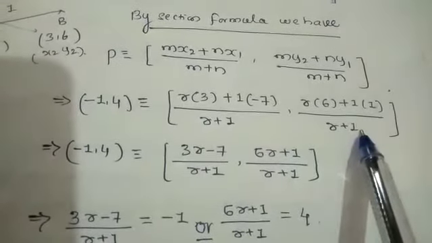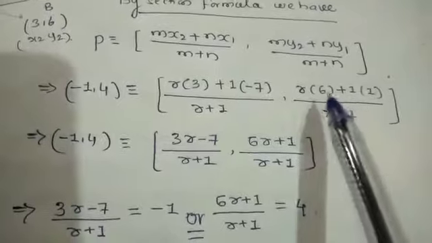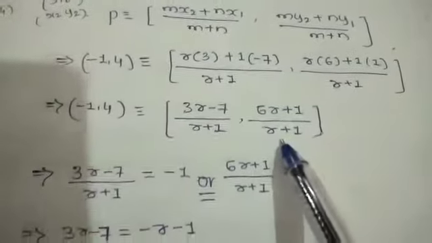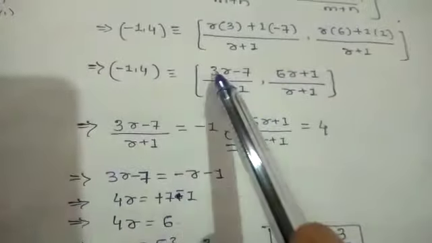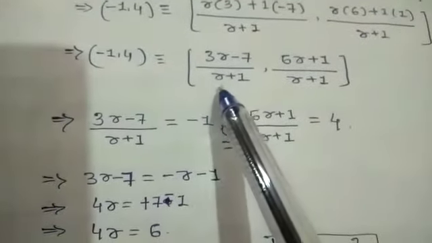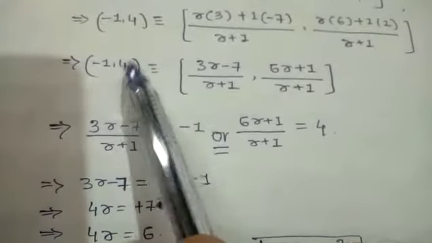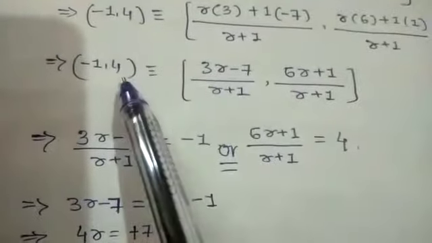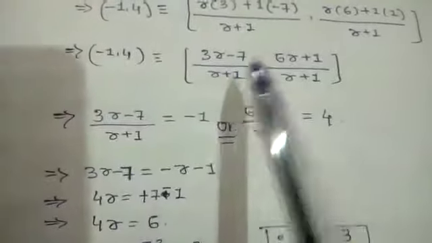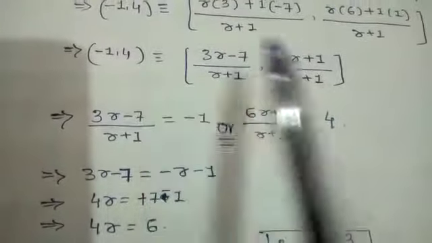So the coordinate is (3r minus 7) divided by (r plus 1), (6r plus 1) divided by (r plus 1). By equating the x coordinates, (3r minus 7) divided by (r plus 1) equals -1. You may consider either this or this; both give the same answer. Either compare x coordinates or y coordinates.